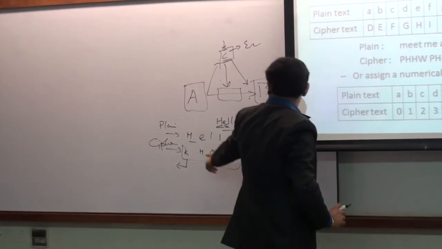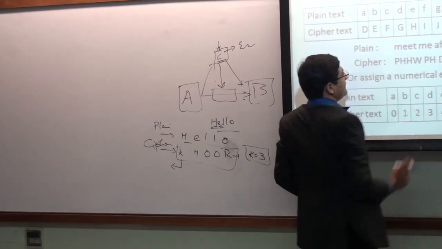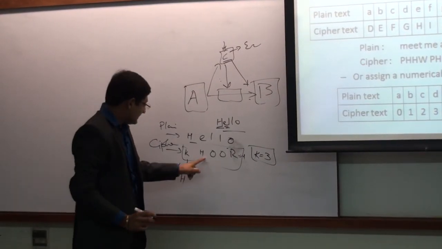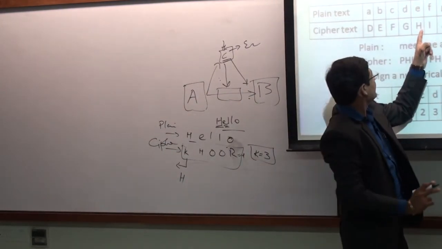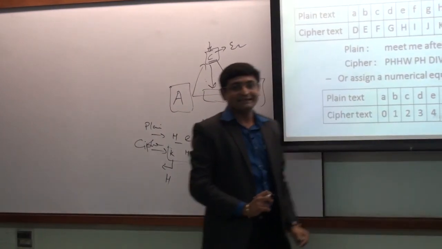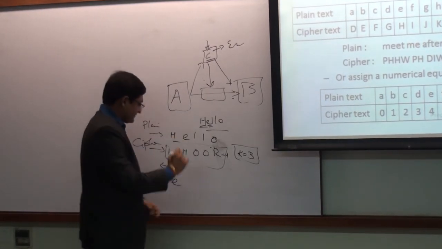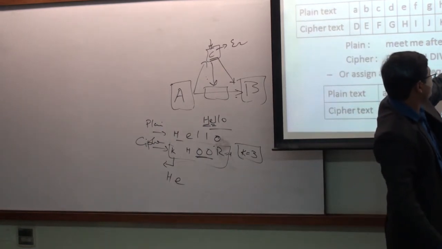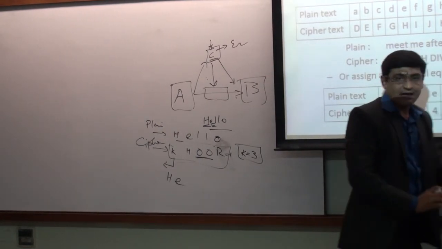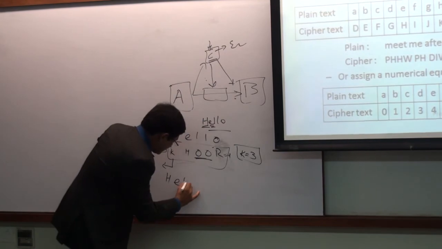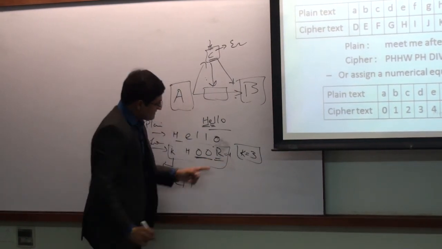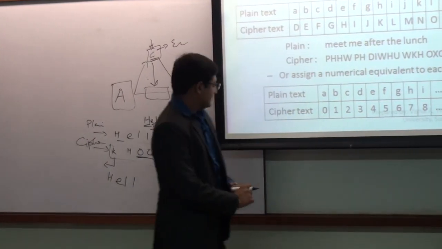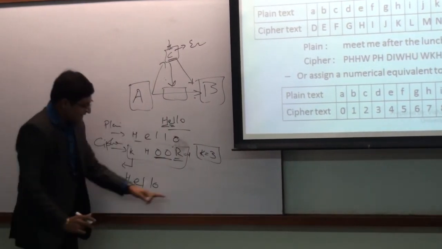First is K. The mapping letter for K is H. Then for H the mapping letter is E, so I am going to put E. Again I have double O, so I will find where O is, it is here. For O the equivalent letter is L, so I will put L. Then finally I will search for R, and for R the mapping letter is O. So now that's the whole string.